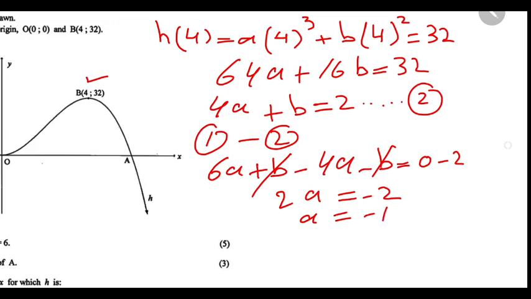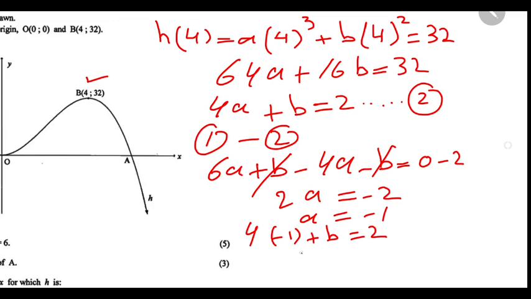Now substitute a is equal to negative 1 into equation number 1 or 2 to get the b value. You can put it in either, same answer. I put it in number 2: 4 in place of a, negative 1, plus b is equal to 2.